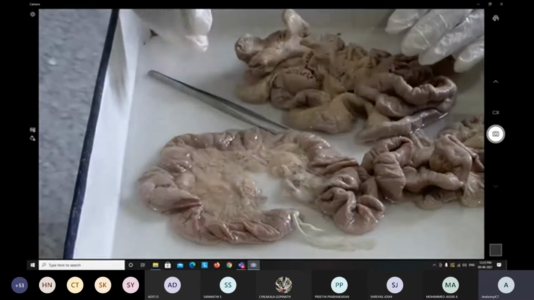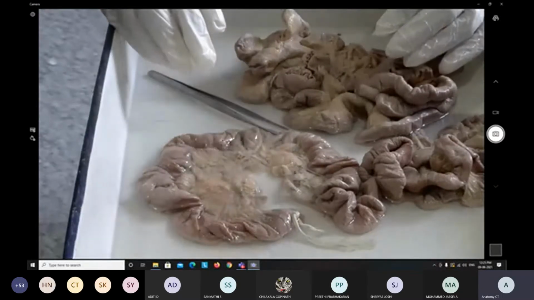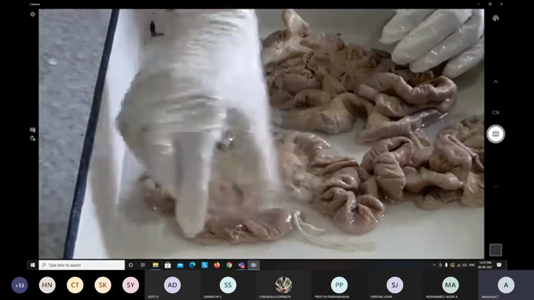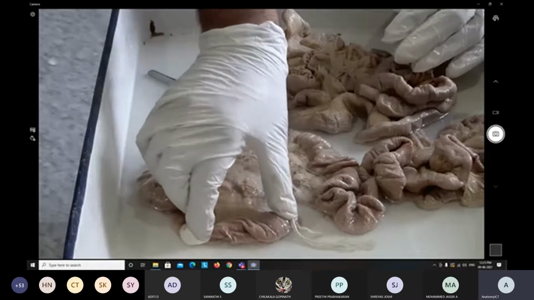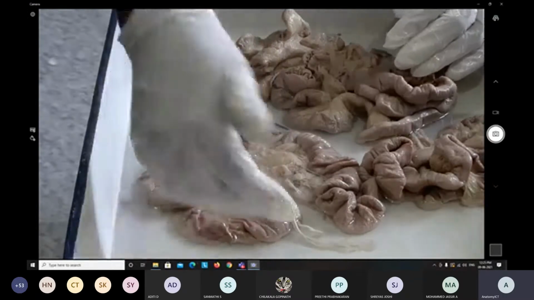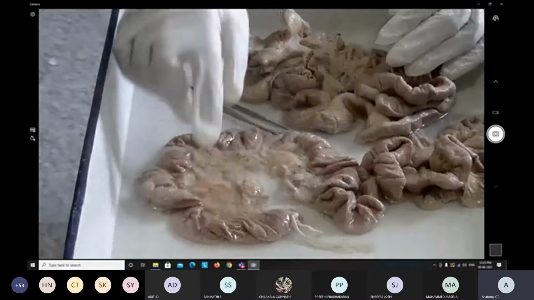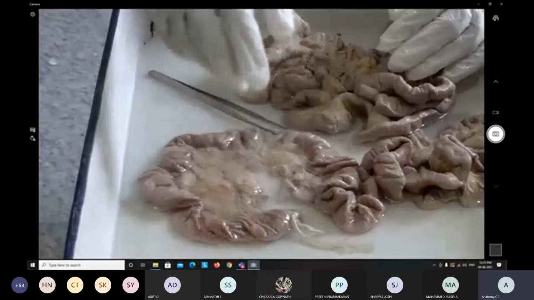Now, moving towards the relations of the first part of the duodenum. The first part, which is the 5 centimeters we have discussed, has anterior, posterior, superior and inferior relations. We have divided it into four surfaces.